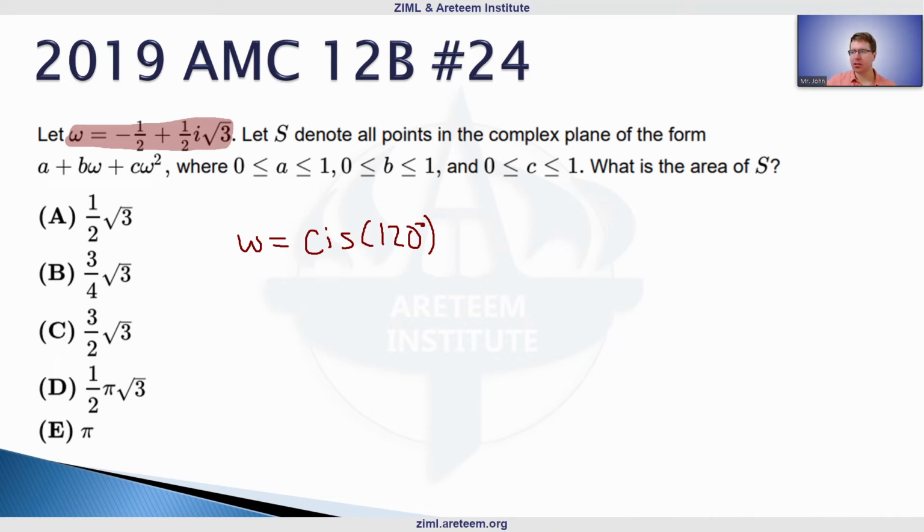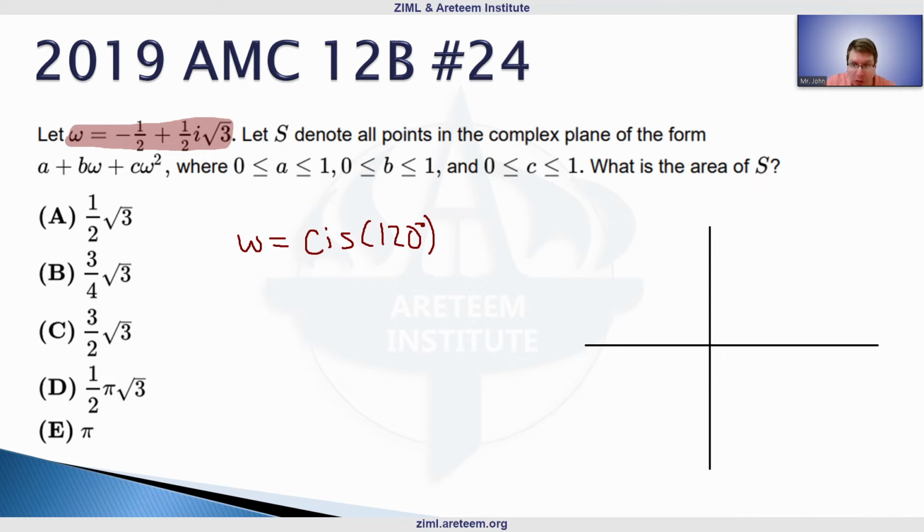So let's draw this now and start visualizing this on our complex plane. Now, first of all, notice here that this is 1 times cis of 120. The magnitude of this is 1.